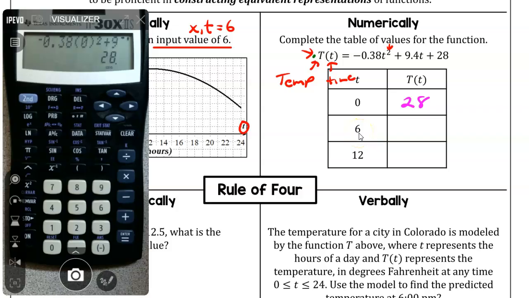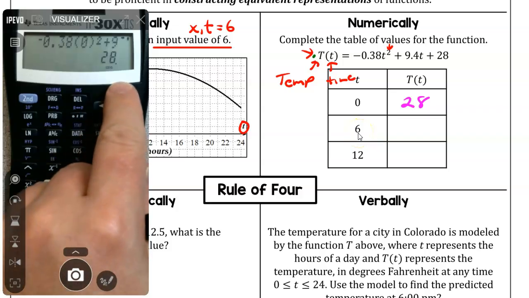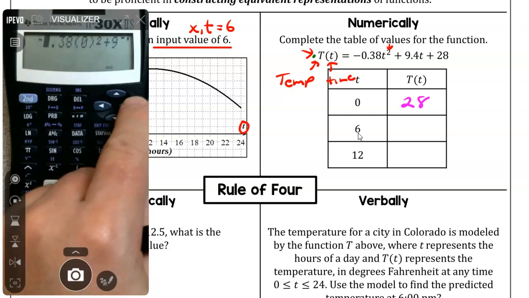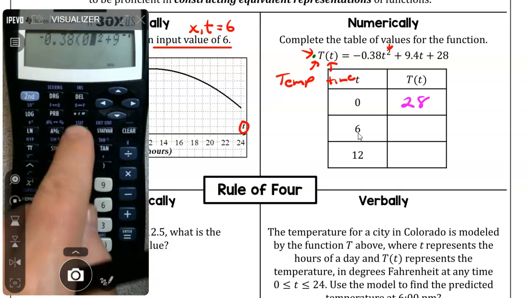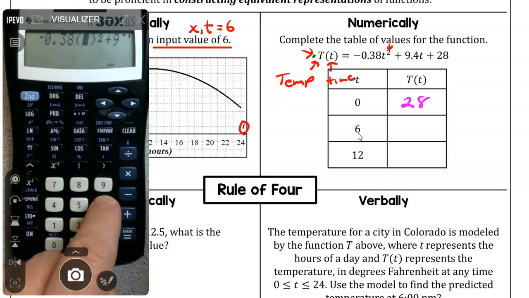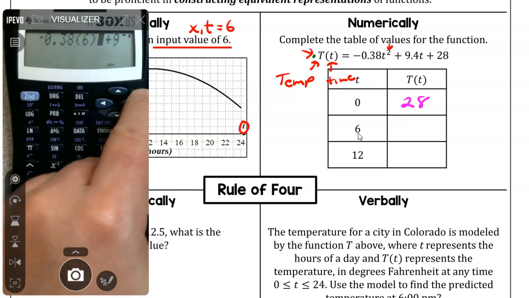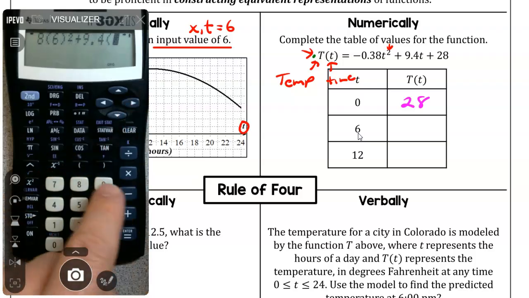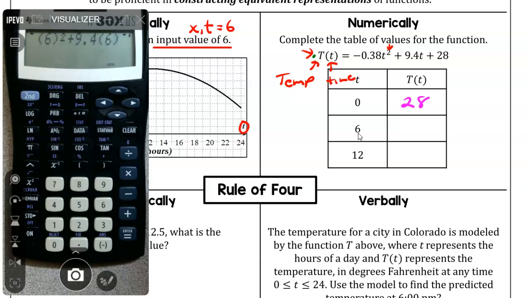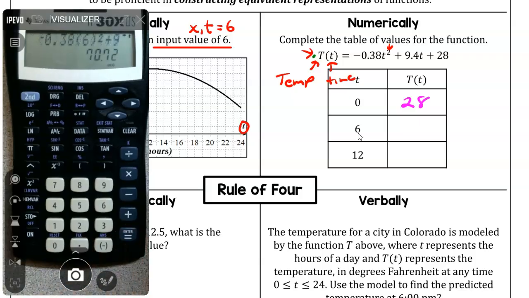So now we're going to plug in 6. The cool thing about this calculator is I can just go back up here, and wherever there's a 0 in parentheses, I can scroll to it like this and hit 6. Then I'm going to scroll to the next one and hit 6 as well. That way I don't have to retype the whole thing. So if I hit enter this time, it says 70.72.